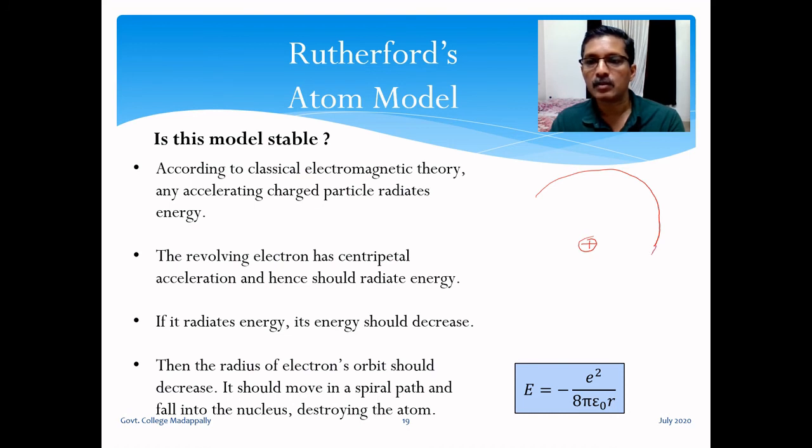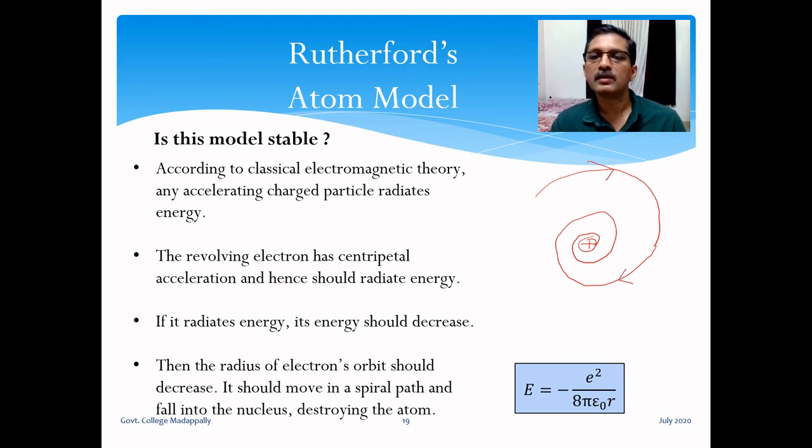Then its radius also should decrease. That means it should move in a spiral path, with continuously decreasing radius, and finally fall into the nucleus. This should be the path of the electron.